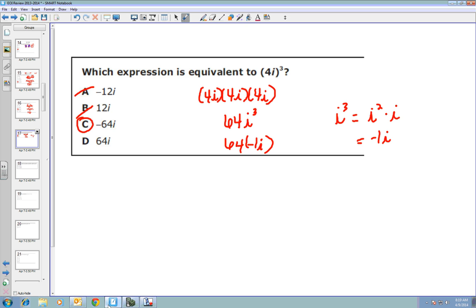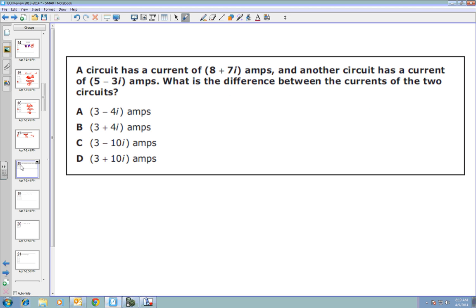So the next one, again, I'm going to show you good math teacher, bad math teacher. A circuit has a current of 8 plus 7i amps, and another circuit has a current of 5 minus 3i amps. What is the difference between the currents of the two circuits? This one's an easy problem. What does difference mean? So I have 8 plus 7i minus, now here's the deal.